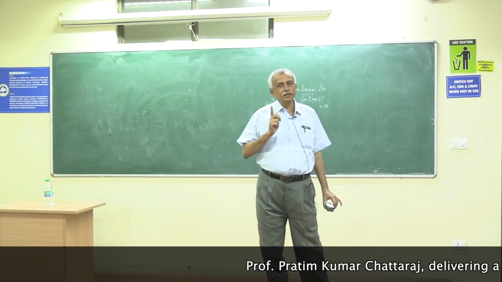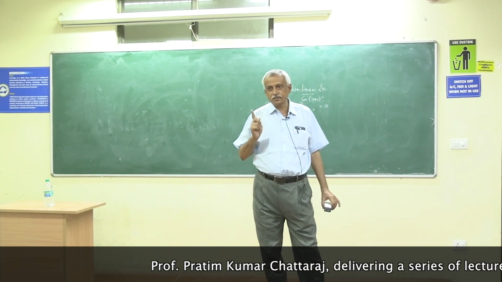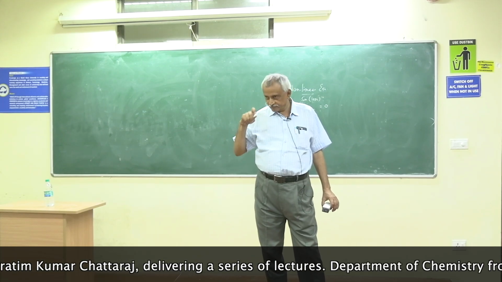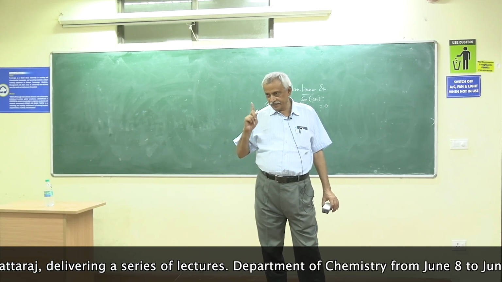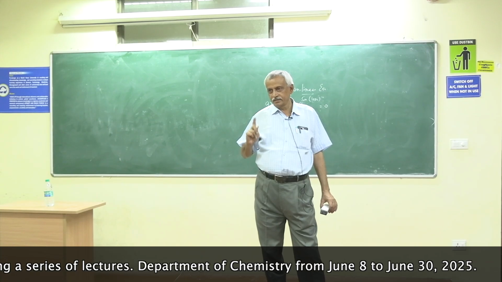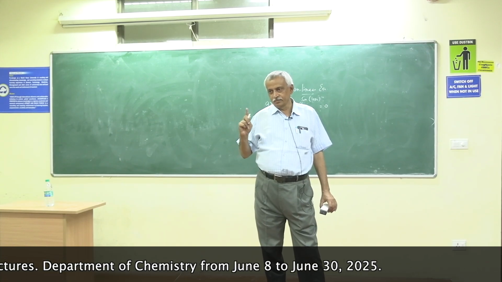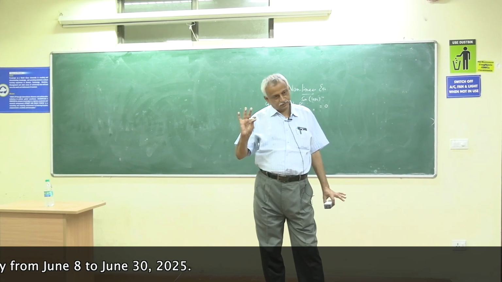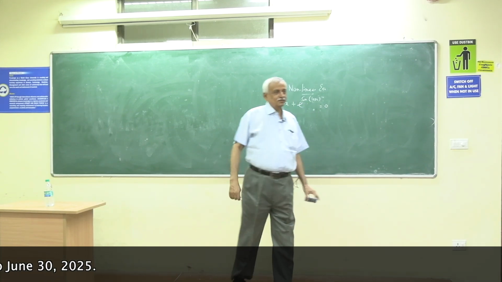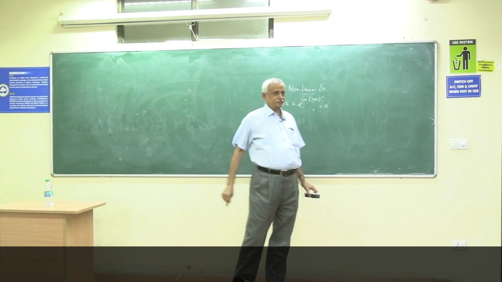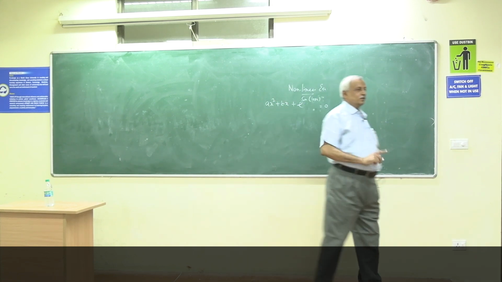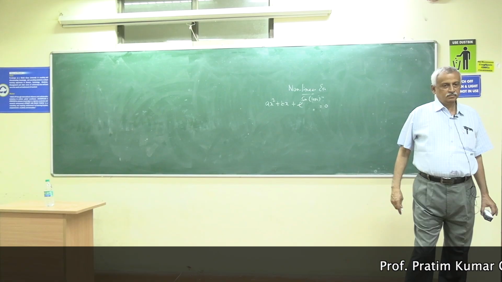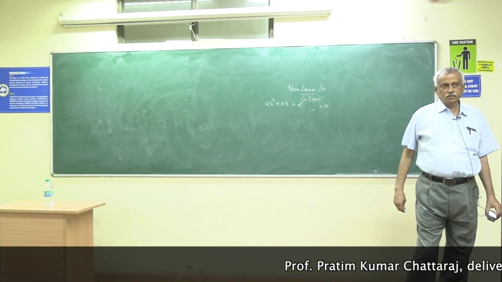If you have an equation ax square plus bx plus c equal to 0, what is x? Yes, minus b plus or minus square root of b square minus 4ac by 2a. Good. So you could have solved it very easily. Now let's see whether we can do the same trick over here or not.